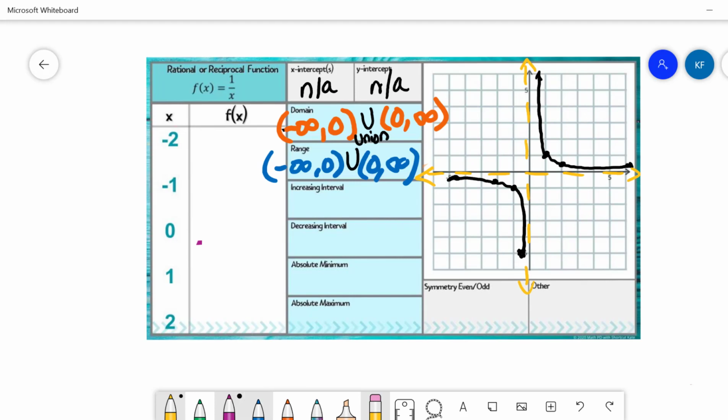Okay, interval. So if we're talking about intervals, remember we're talking about this direction. So you can see this part of the graph, and it's pretty clear, is getting smaller for the y values. So we definitely know that this part of the graph on the x's for the interval is decreasing.